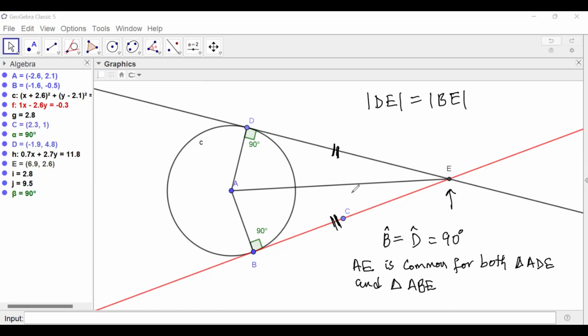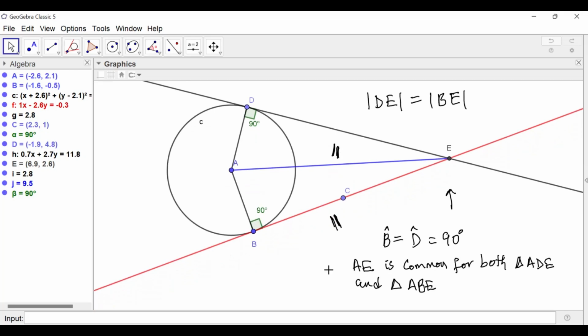Okay, it's a common side. Let me show that very quickly. Look at this hypotenuse here. Let's make it blue. So this blue line here is common for these two right angle triangles, ADE and ABE. So that line is actually common.